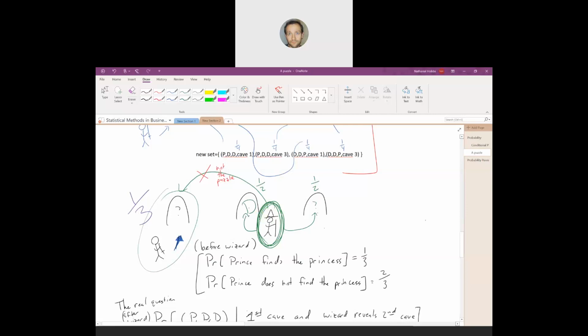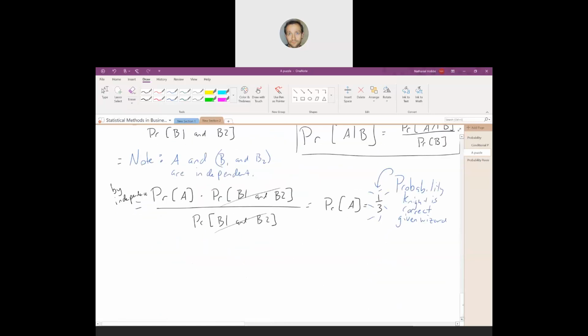I mean, that's a death sentence. But he could change his mind, in which case there's two choices, one of which has a 1/3 probability of being correct. We just calculated it. And then the other probability gets absorbed by the other door. So if he changes his mind, he has a 2/3 chance of being correct. This is called the Monty Hall problem.